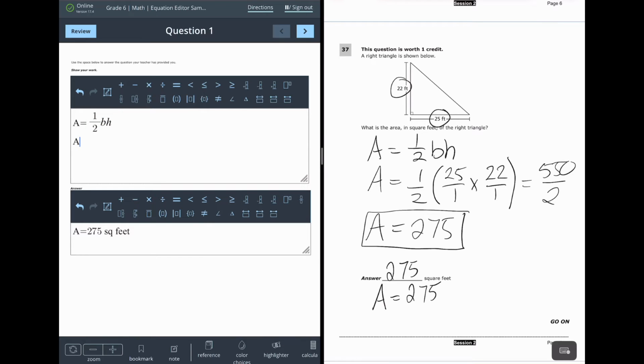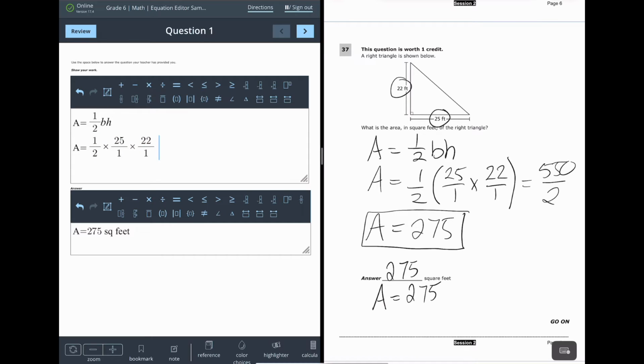So that's my formula. And then I would just start typing in the numbers. 1/2 times, and then we'll put a little X there. And I will put the same numbers in there. 25 over 1 times 22 over 1.